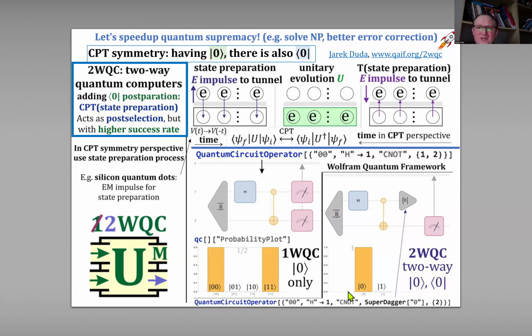Post-selection has probability approximately 1/2 to be successful, and here it should be nearly always successful. But having many qubits, the probability of success drops exponentially, and here it should be nearly constant. So optimistically, we get an exponential speedup by adding this one operation, this reverse version of state preparation.